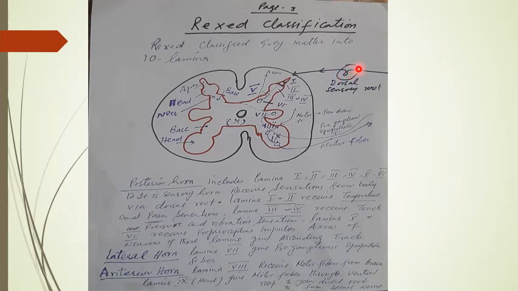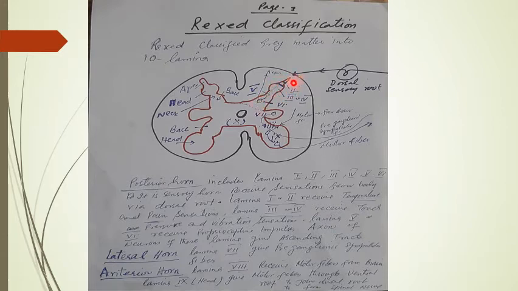The dorsal root ganglia, its dendrites, bring the message from the body: 6 sensations, that is temperature, pain, touch, pressure, vibration, and proprioceptive joint sensation, brought to the neurons of the ganglia. Then its axons carry the message to different laminae of the posterior horn.